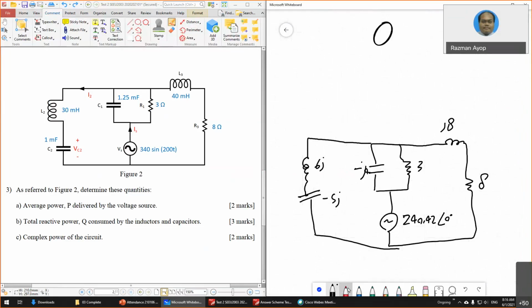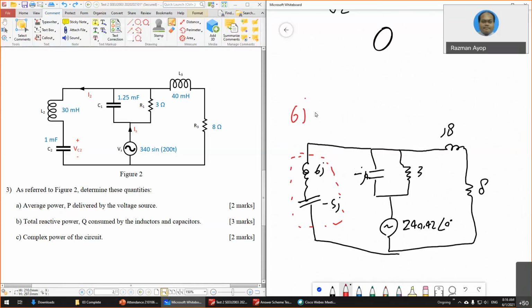If you look here, this area can be combined. This is in series, meaning J6 plus negative J5. Because this is in series, make sure it is plus, and this one has a negative value, so it becomes minus. So you get J. And this one is also in series, meaning it's just 8 plus J8.